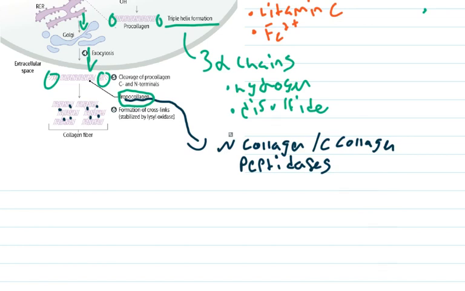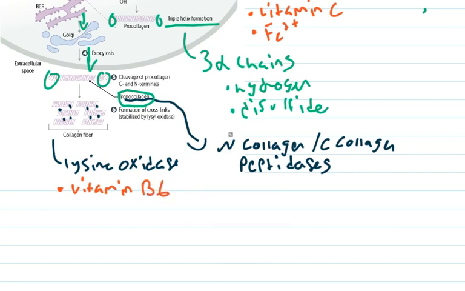And the enzyme that's going to do that is called lysine oxidase. And so lysine oxidase needs two things to function. It needs vitamin B6, which is also known as pyridoxal phosphate, and it needs a copper atom.